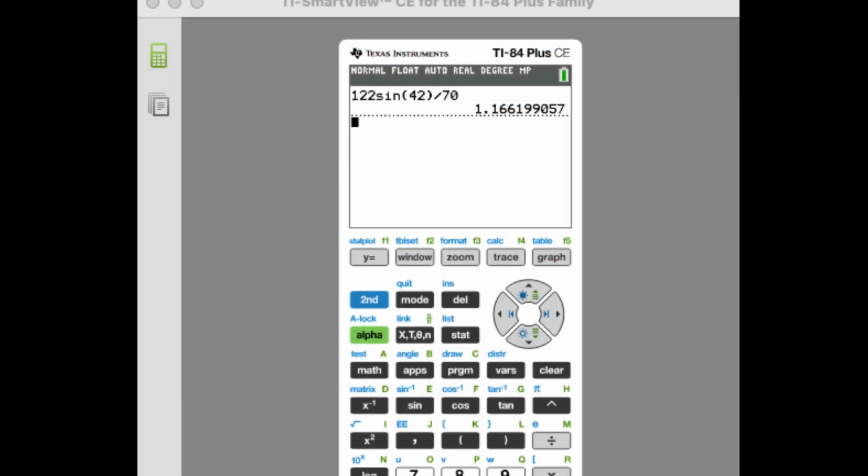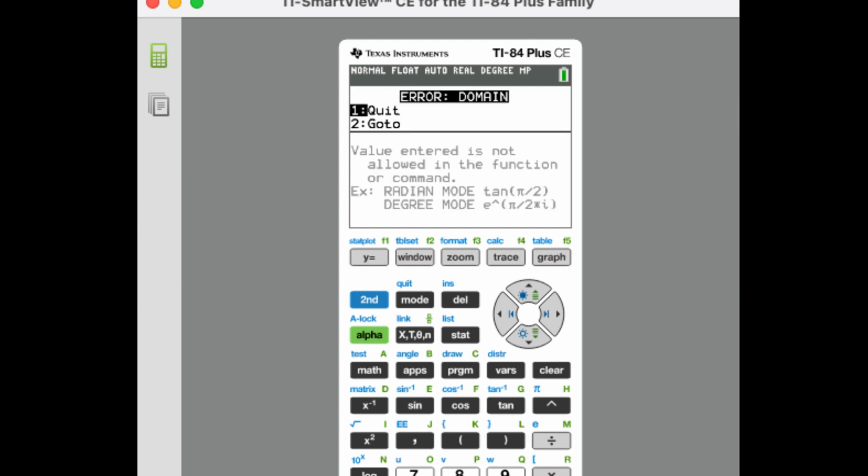What do you think your calculator is going to tell you? It's going to give you an error. You're right, because the calculator knows, hey, you can't have that. So when you try it, you go, oh, error. You guys see that error there? All right. So that's why there's an error.